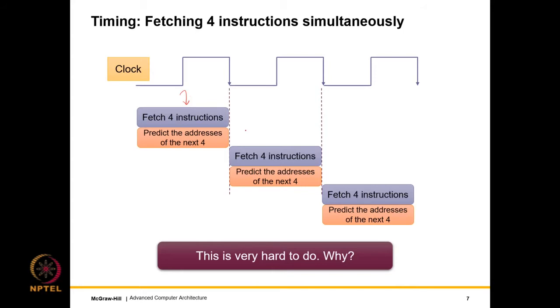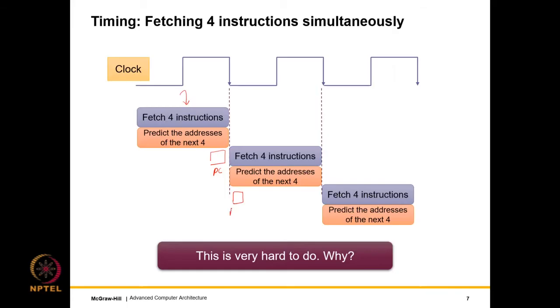Now the question is that we need to predict the addresses of the next 4 instructions. The operative part of this discussion is, let us look at the last instruction in this bundle of 4 instructions. Let the program counter of the last instruction be PC. Since we know the 4 instructions and their program counters, we need to predict the first instruction in the next bundle.